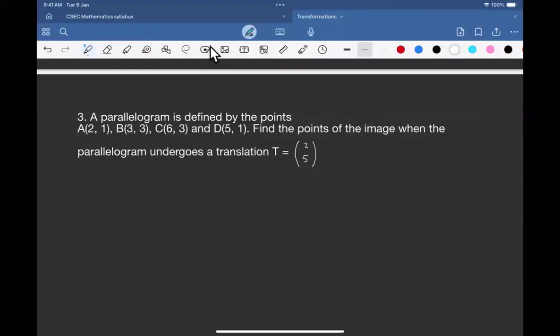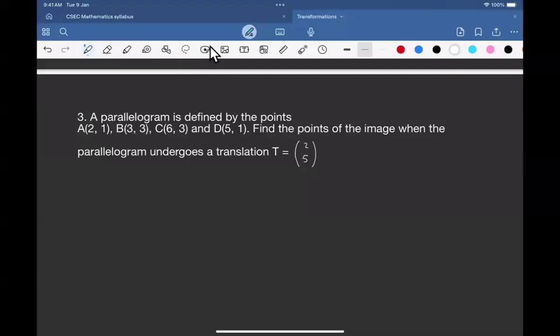Okay, Keely, you made a little mistake. You said that the object is mapped onto the object. How do we represent the image? You have to write prime. So you would say A prime, B prime, C prime, D prime. So the image is mapped onto the object by a translation.